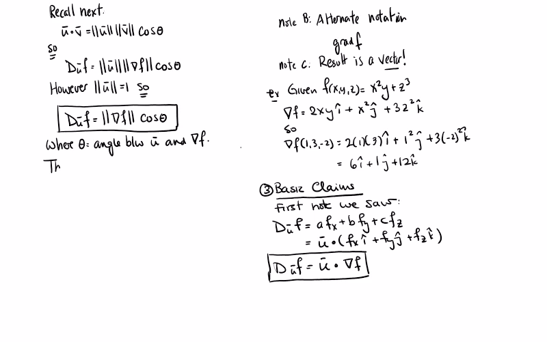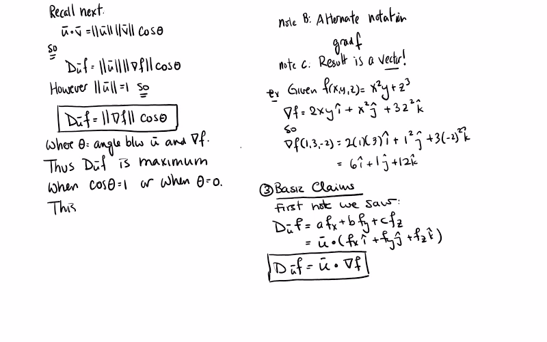So in other words, this directional derivative is maximum when cosine theta equals 1, or when theta equals 0. Now, theta equals 0 means the angle between u and the gradient is 0, right?